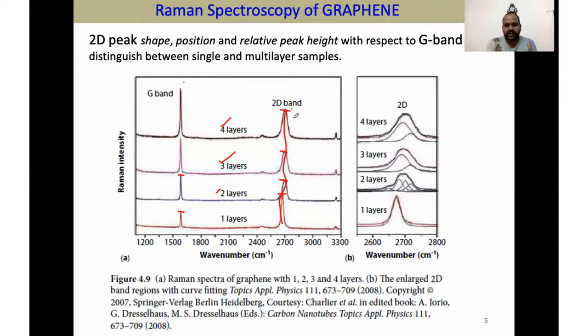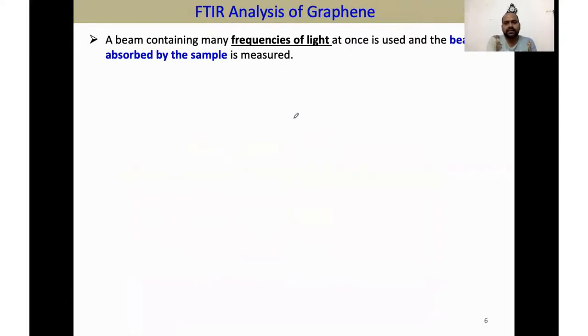Our next technique is FTIR analysis of graphene. This is a kind of complementary measurement to Raman. Here again, we have a light source with different frequencies of light simultaneously, and then we see what wavelength is absorbed by our sample, and at the same time what frequency is transmitted by the material.